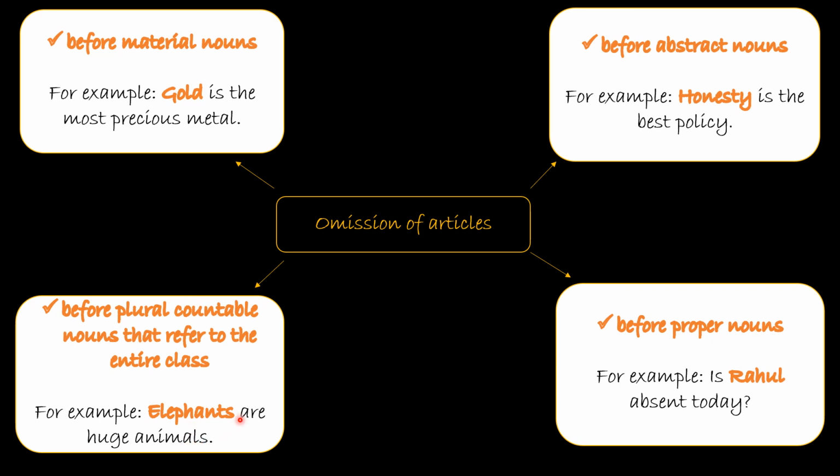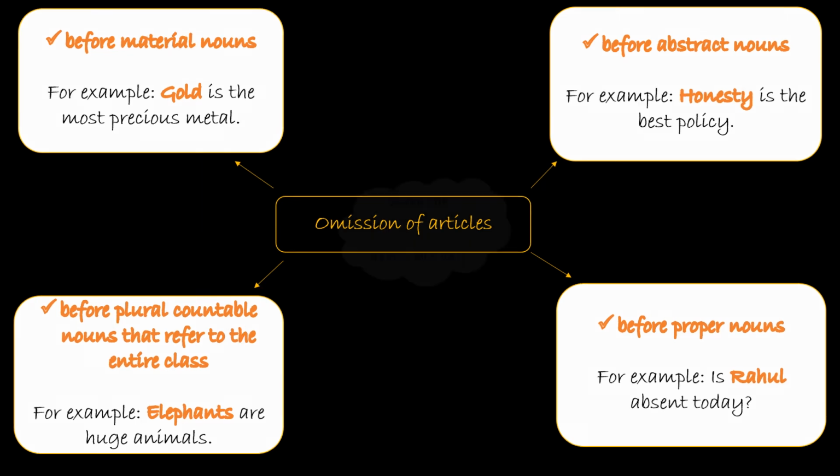Here we are talking about the entire class of elephants, so we will not use articles here also. So these are the four rules you need to remember where we will not use articles: before material nouns, before abstract nouns, before proper nouns, and before plural countable nouns that refer to the entire class.